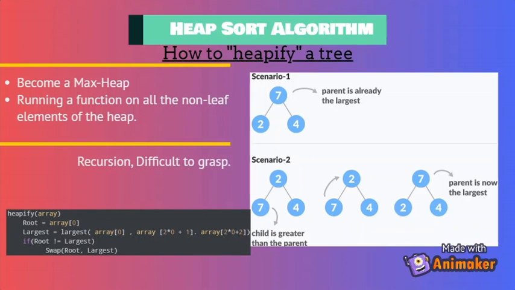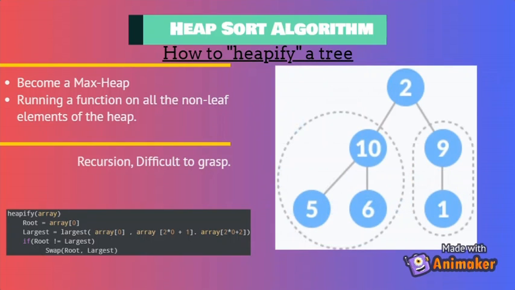The example above shows 2 scenarios. One in which the root is the largest element and we don't need to do anything. And another in which the root had a larger element as a child and we needed to swap to maintain max heap property. If you've worked with recursive algorithms before, you've probably identified that this must be the base case.